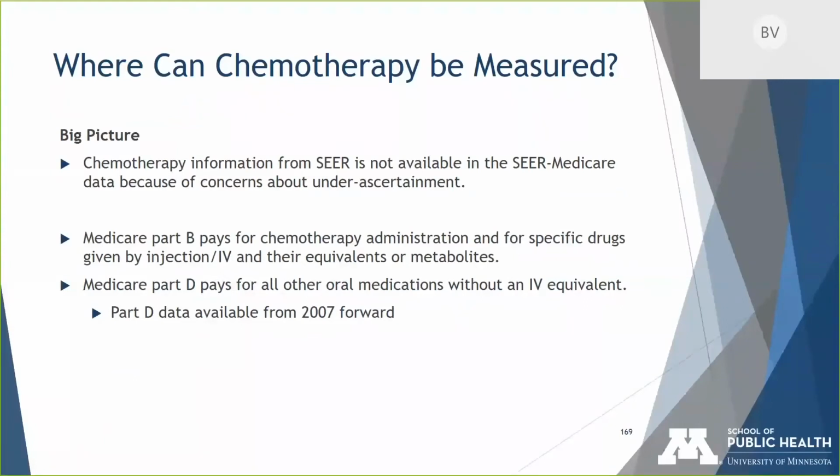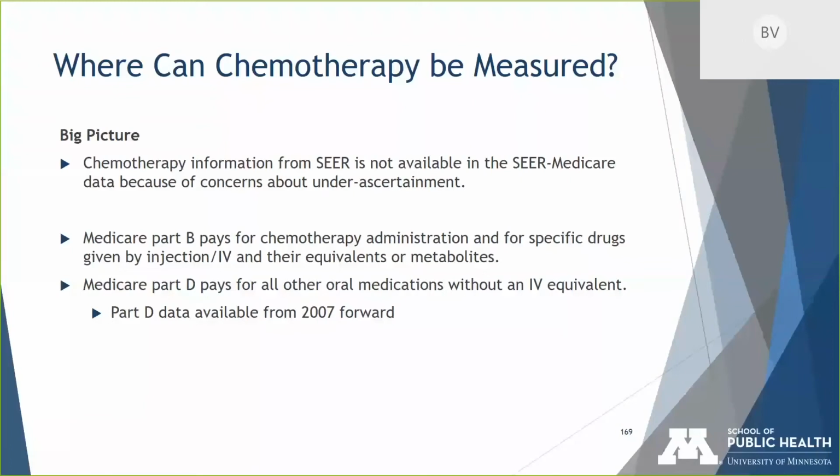So Medicare can pay for chemotherapy or biologics in a number of ways. Medicare Part B, so those are things that would show up in your outpatient or physician files, pays for chemotherapy administration and for specific drugs that are either given by injection or their IV equivalents or metabolites.